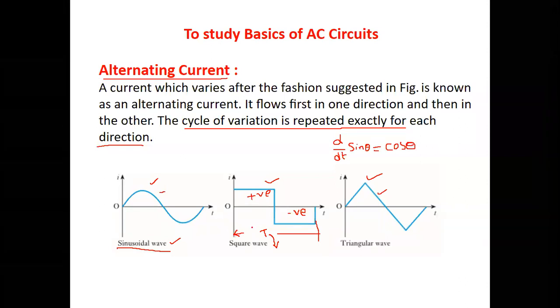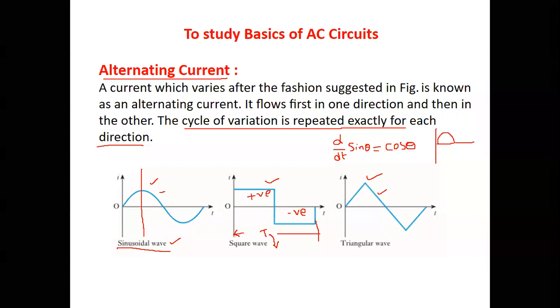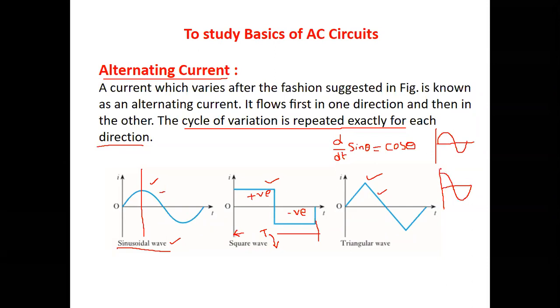So if you use a sinusoidal waveform for the mathematical analysis of the circuit, it becomes simple, because the differentiation of a cosine is simply a sine waveform. The difference between the sine waveform and the cosine waveform is, if this is a sine waveform, and you apply differentiation, it becomes a cosine waveform. The magnitude and frequency remain the same. Only it has been shifted by 90 degrees.